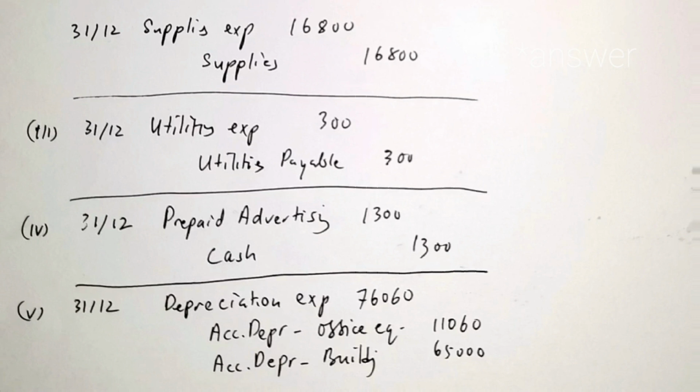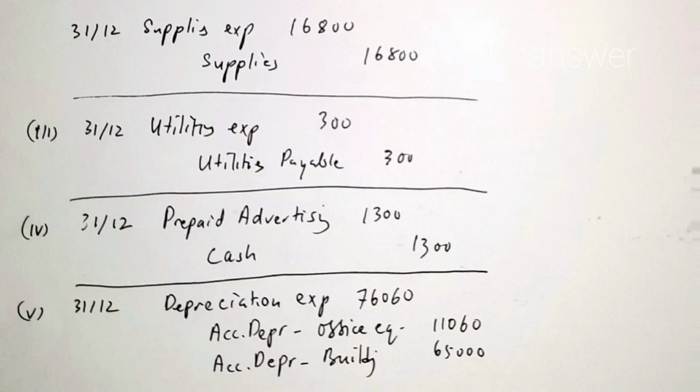Okay, information number 4 is related to advertising expense. The business has paid something related to advertisement, 1,300, but the advertisement will appear next year. So the adjusting entry is you have to record the cash out.